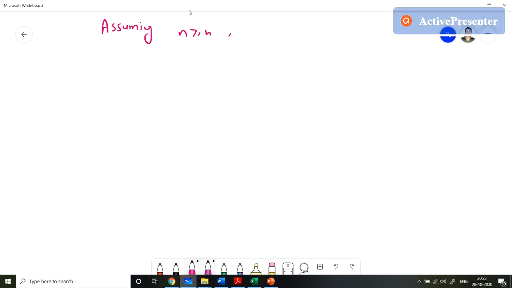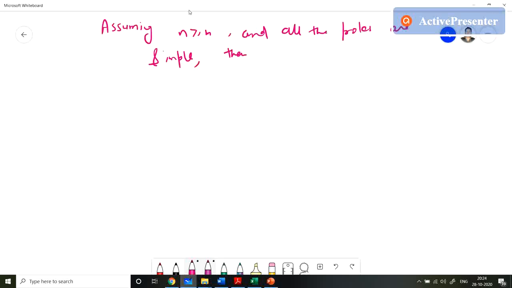So if we assume that n is greater than or equal to m, and all the poles are simple. So we have just assumed that simple poles are there.